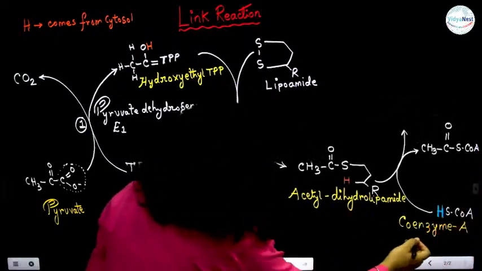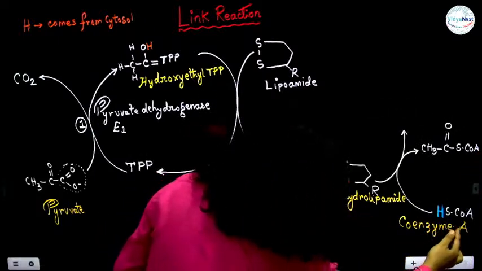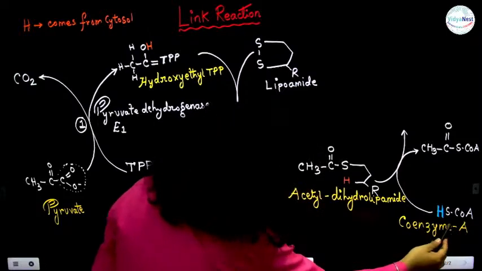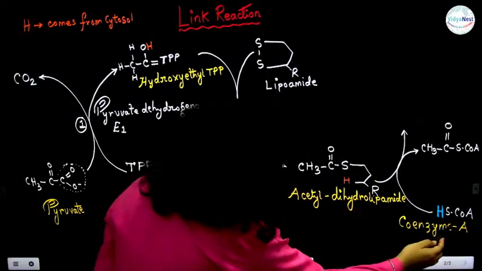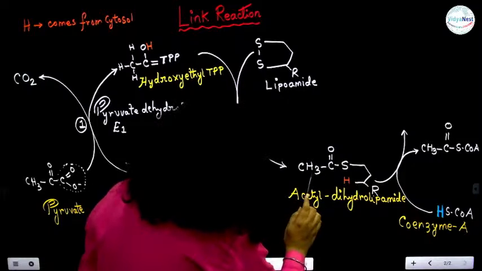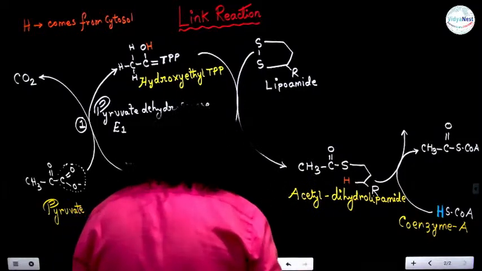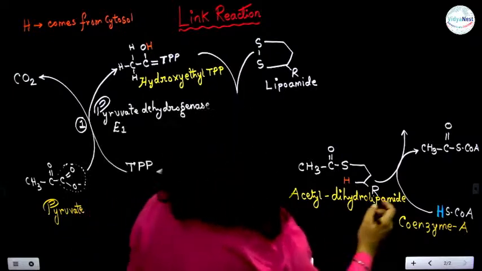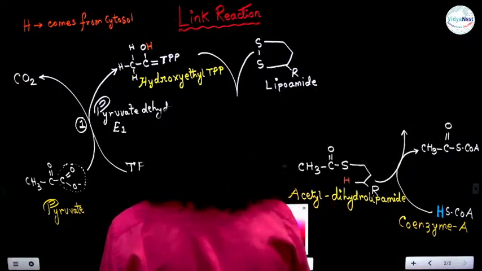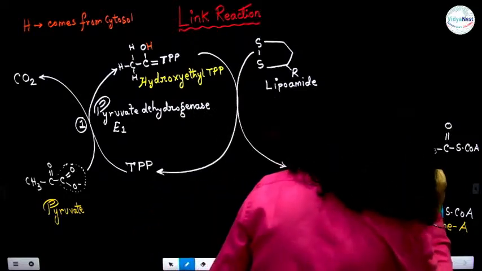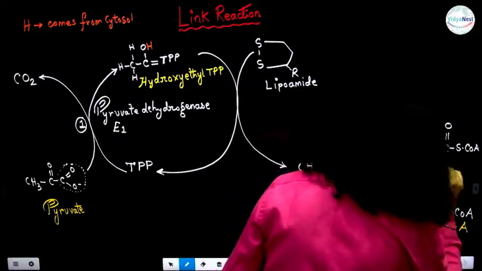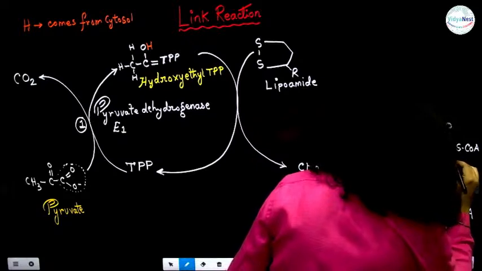See this part, S CoA is coming up. Can you see this part? Yes. This is going to combine with this part, CH3 C double bond. And once this is formed, this is known as acetyl CoA. So I can write it over here. This is acetyl CoA.